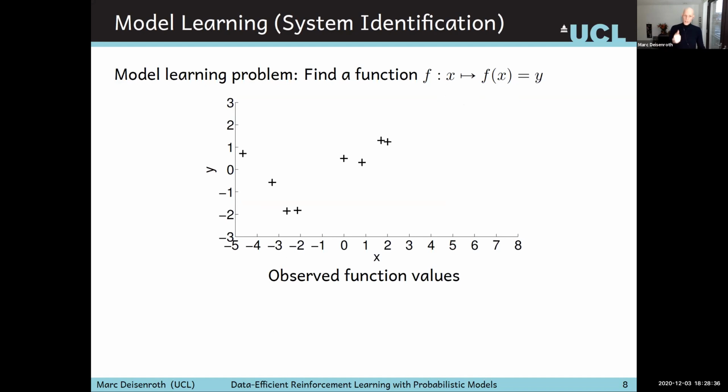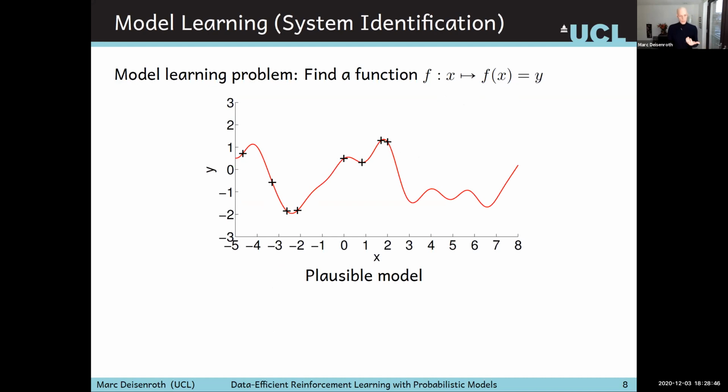That means that the function we are looking for connects all of these observations in some way. And here's an example of such a function. That function is something we could use as a plausible model within a reinforcement learning framework. And so I would like to come back to the challenges that we talked about earlier.